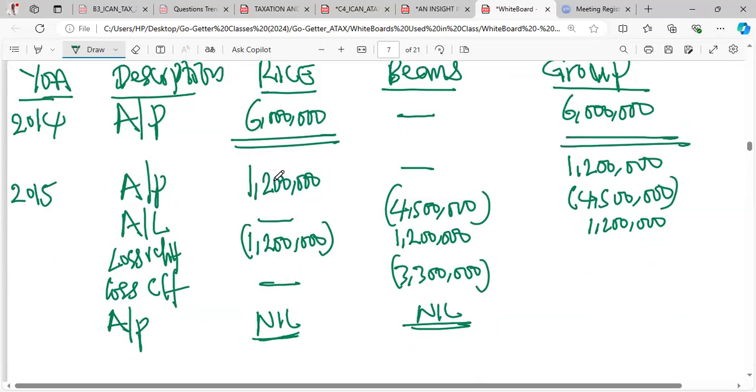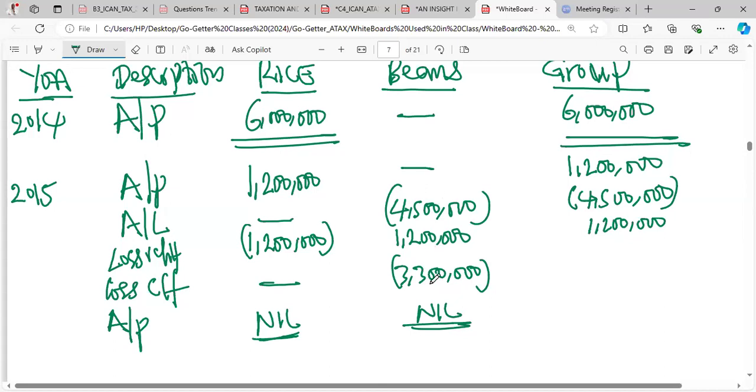So just understand what is going on here. Now, we had 1,200,000. We've taken this 1,200,000 to relieve beans, part of it. And so we have nil in rice now. So it means that rice helped to pay part of beans' debt. Beans received from rice this money to clear part of its debt.